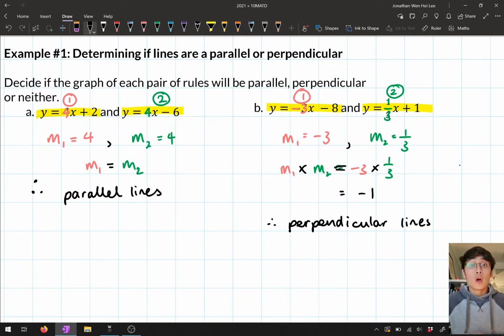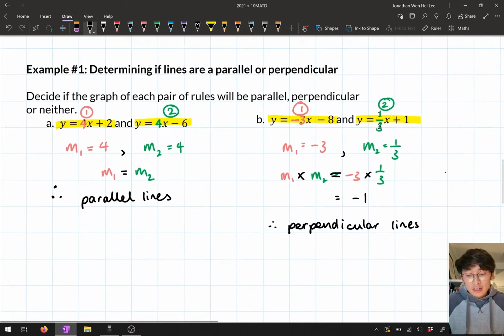Then we look at those values. If they're equal, great, they're parallel. If they're not, we multiply those two numbers together. If that gives me minus 1, that means it's perpendicular. If it doesn't give me either of those, so if it's not equal and it doesn't multiply to give me negative 1, that just means it's neither parallel nor perpendicular.